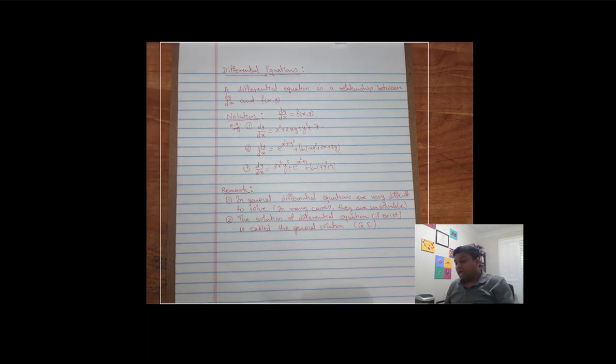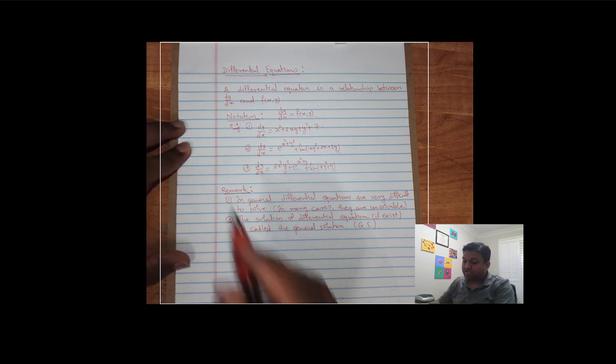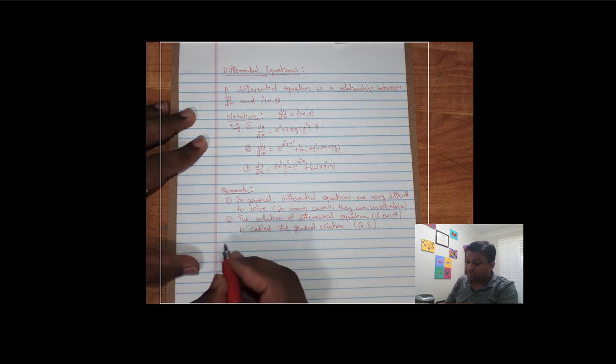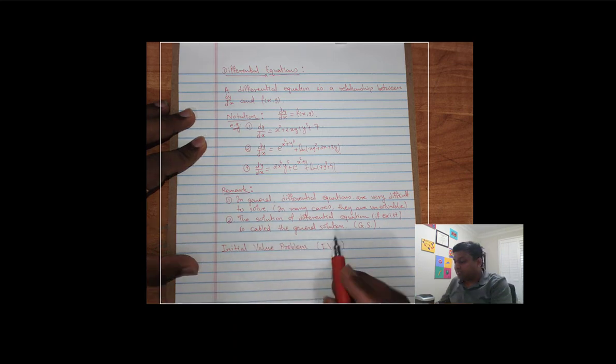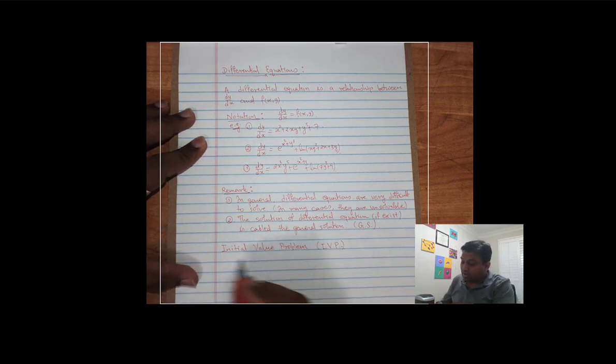Alright. I would like to give you one more definition related to this differential equation. It's a definition of initial value problem. Initial value problem, or IVP. This is the practical form of a differential equation. Alright, it's a differential equation with some initial data given.